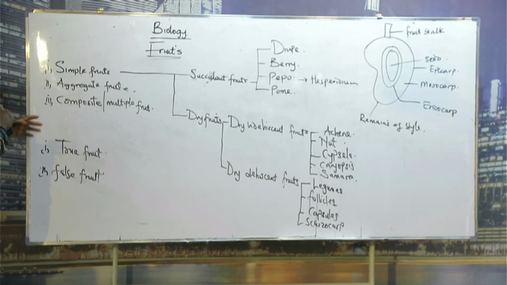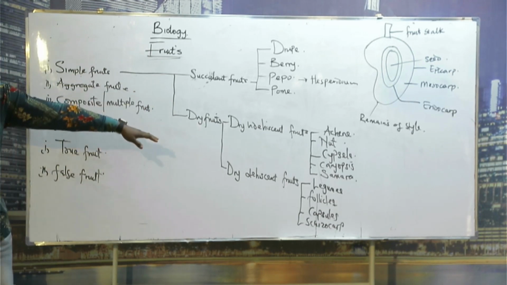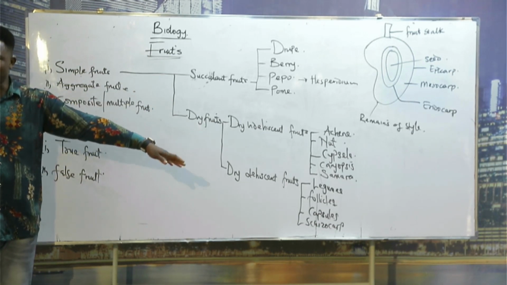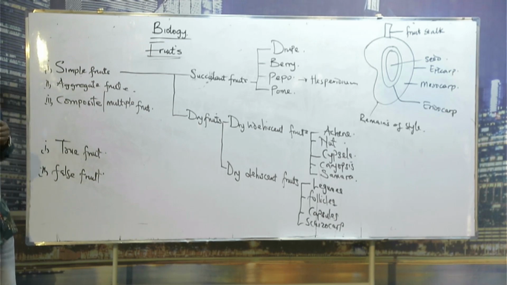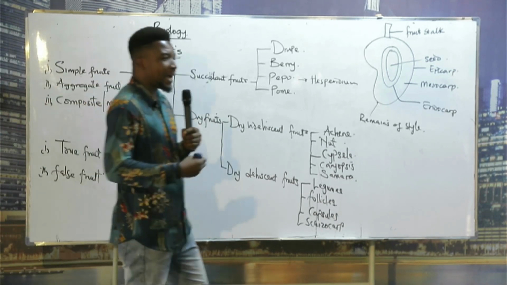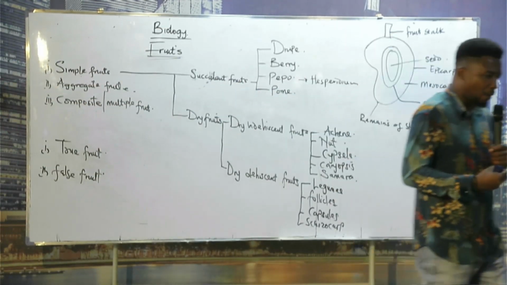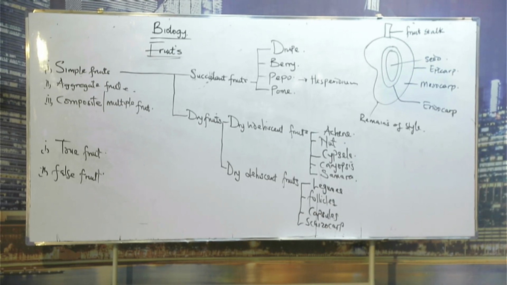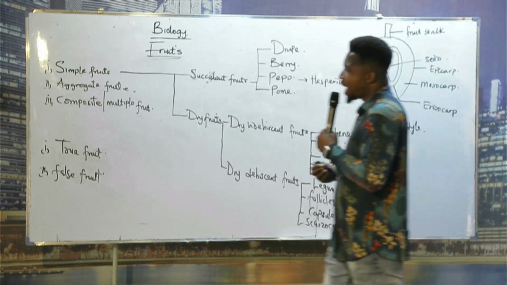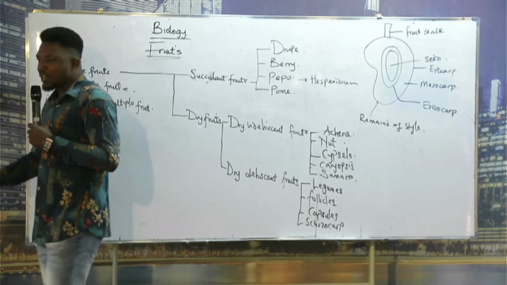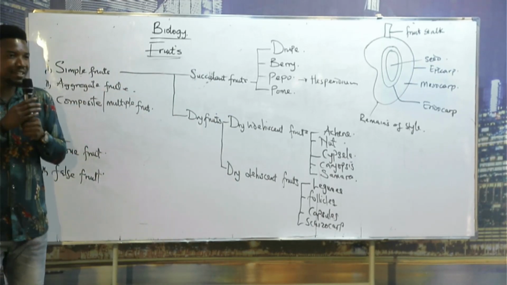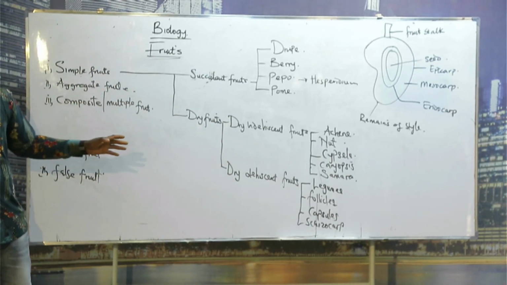So, when it comes to aggregate fruit, it is a type of fruit formed from an apocarpous flower. And that is the reason why, after fertilization, they start forming what we call fruitlets.